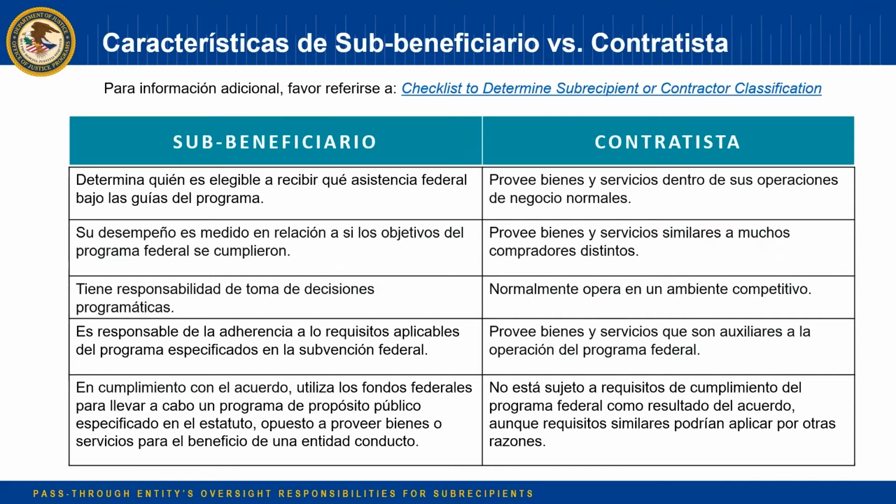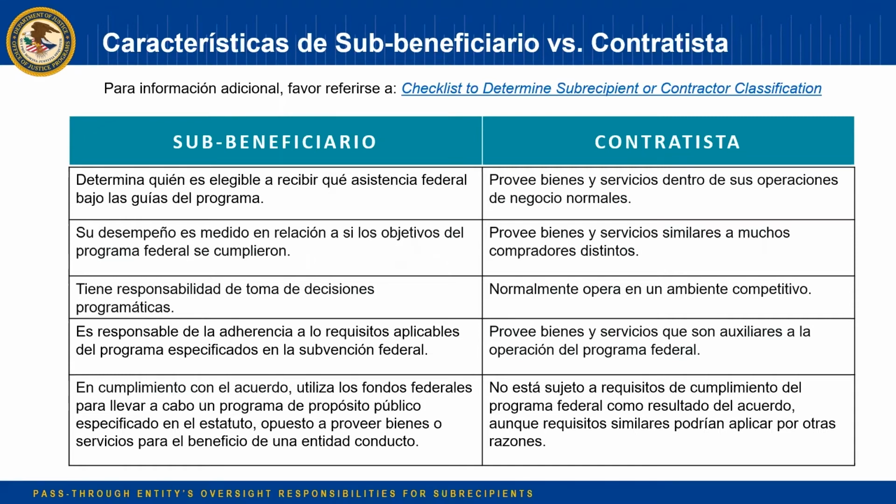Now, on the other side, the contractor, here is where some organizations or grantees kind of missed the mark, I'll use that term. If you look at the first, the second, and the third lines here under contractors, they say that provides goods and services.